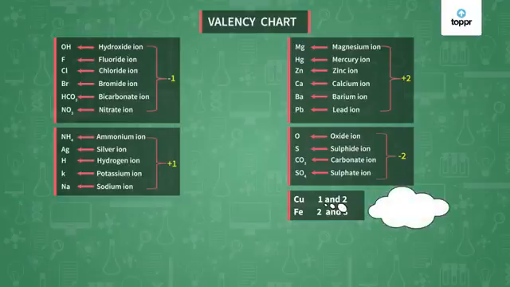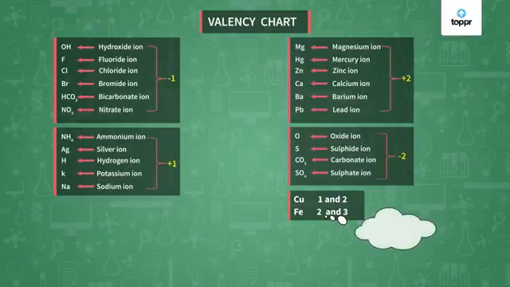And if we do not mention 1, we can just write the copper's name as cuprous. And if the valency of copper is 2, the name is cupric. Similarly with iron, if iron's valency is taken as 2, the name of the iron becomes ferrous. And if the valency is taken as 3, the name becomes ferric. And then the last one that we have is aluminium.